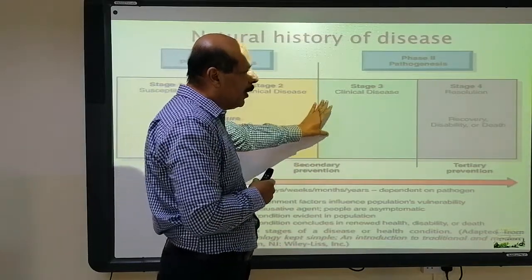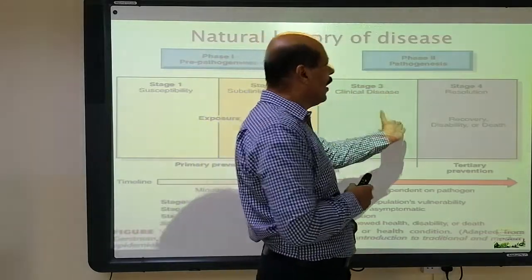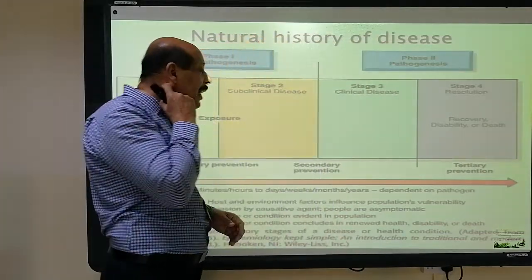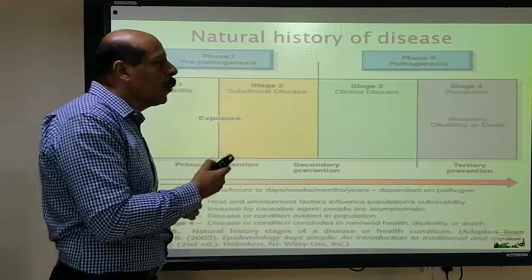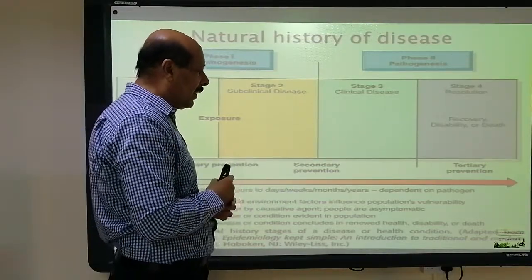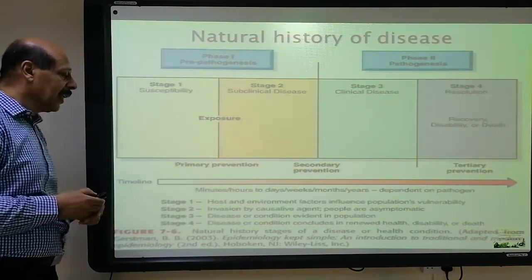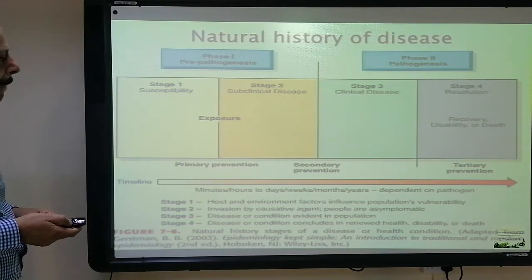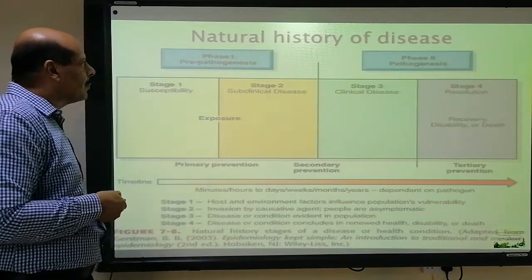We treat the disease, and if a complication happens, we have to deal with it to prevent its further effect on the client, to treat that case, and to prevent death or disability.